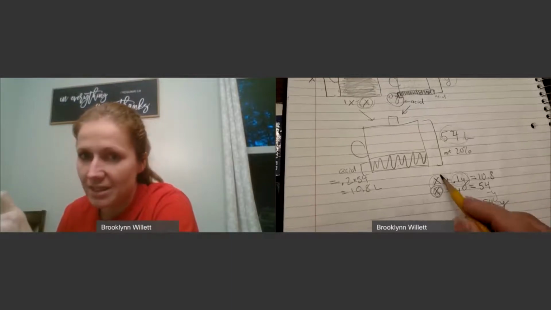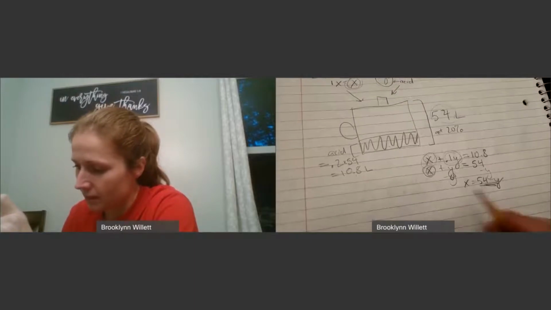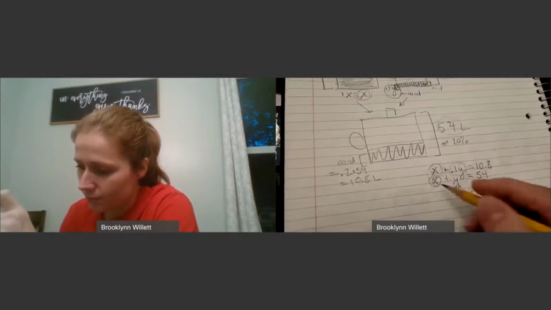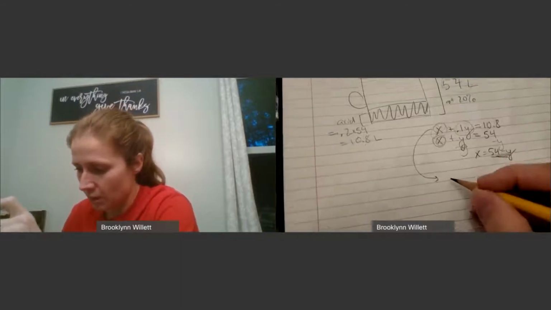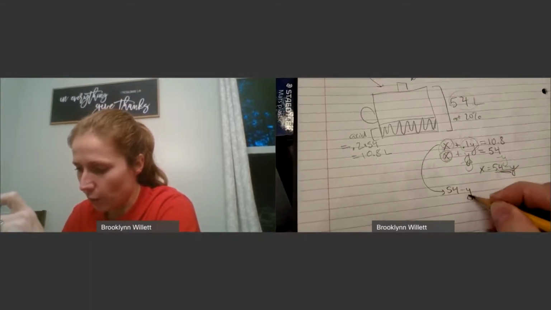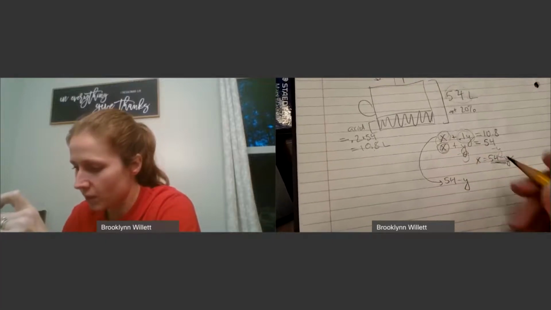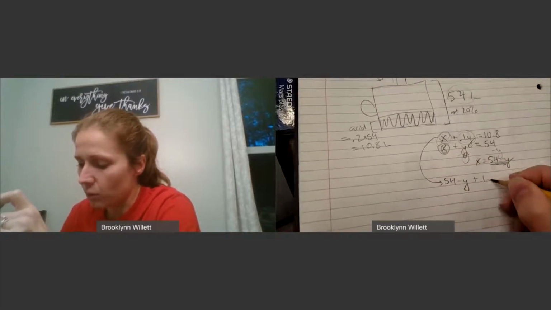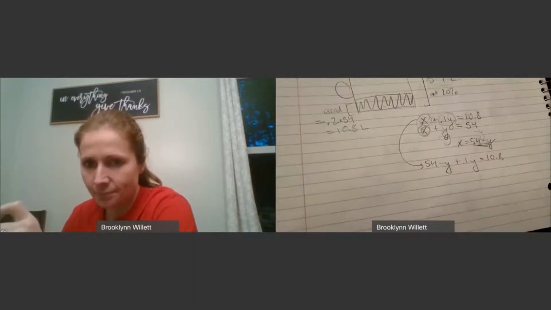I'm going to replace the other X with this 54 minus Y. So this equation, the first one, is going to become 54 minus Y. So I replaced this X with 54 minus Y, which came from here. And then there's still a 0.1Y existing there, and then that's got to equal 10.8.